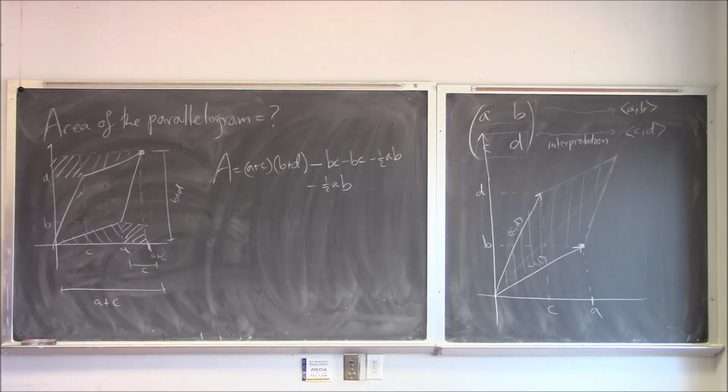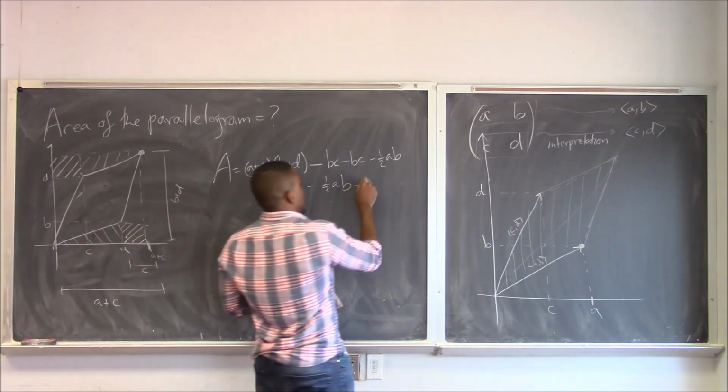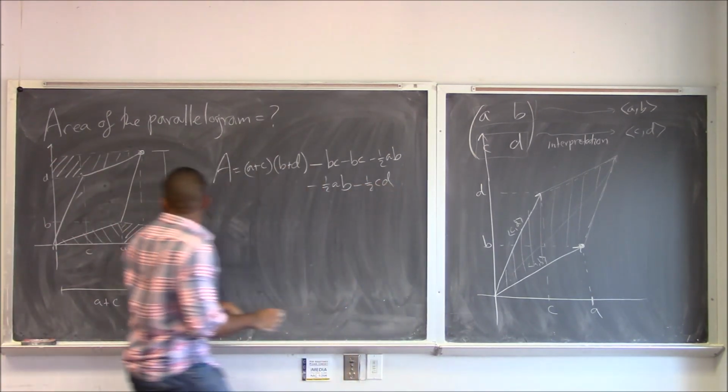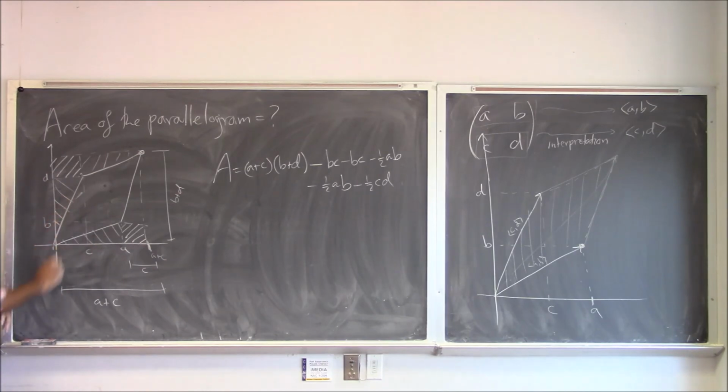This one here? That's half DC. The height is D, C. Yeah, well, this is C and that is D, right? So it's half CD. And that took care of that guy.